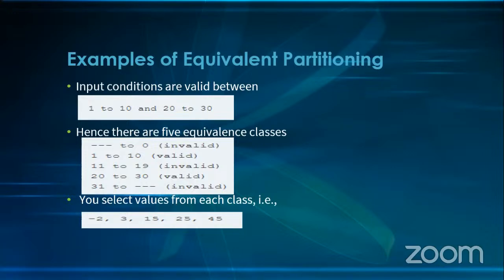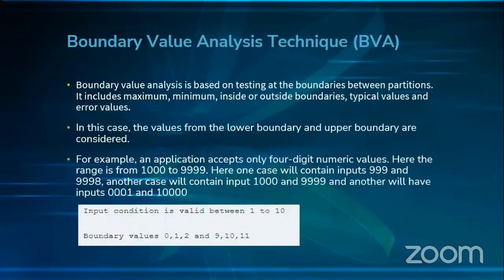Now let's take it back to boundary. For boundary, you are testing within the boundaries, testing both inside and outside the boundary. That's what it means. Here we've got 1 to 10, which is what we want to test.